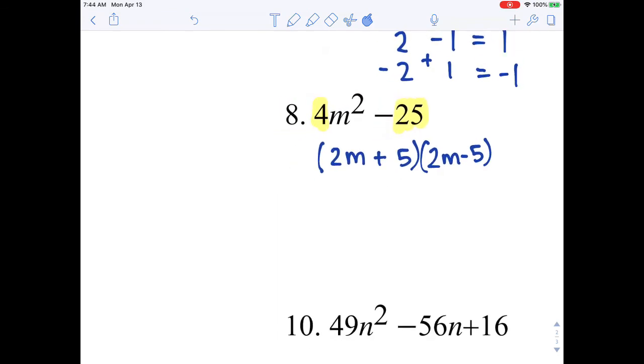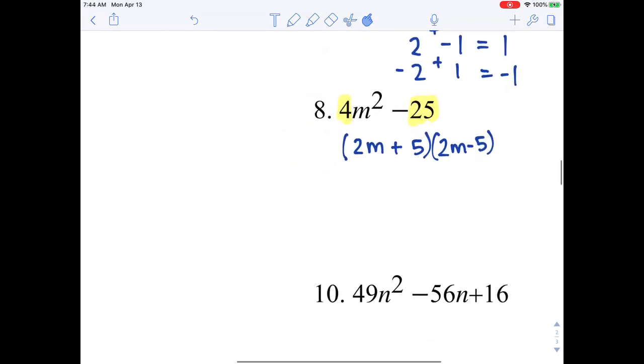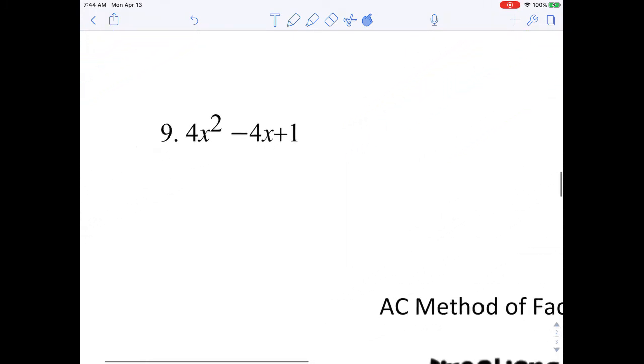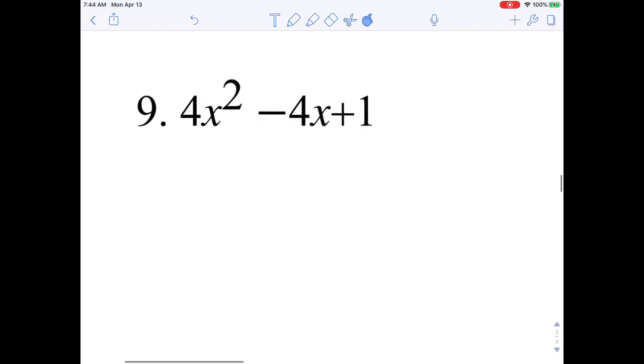And the last type I want to do in this video is the type that falls into that perfect square trinomial. So if I look at the first, it is not a 1. It is not a GCF. I can't factor out a 4 out of both of them. But is the last term a perfect square? Yes.